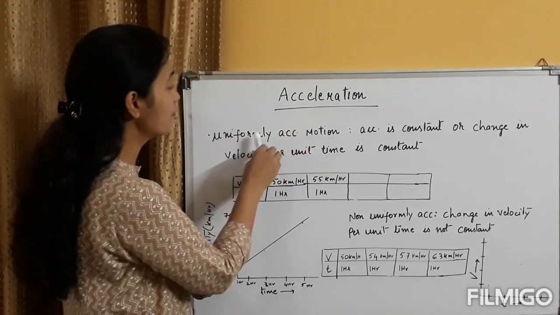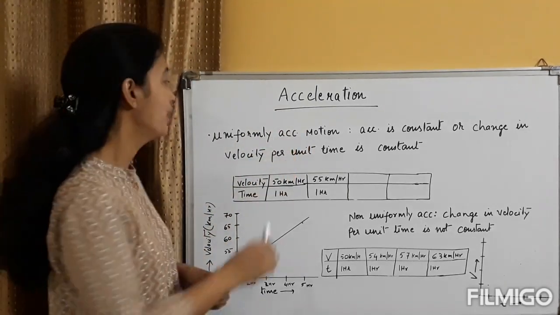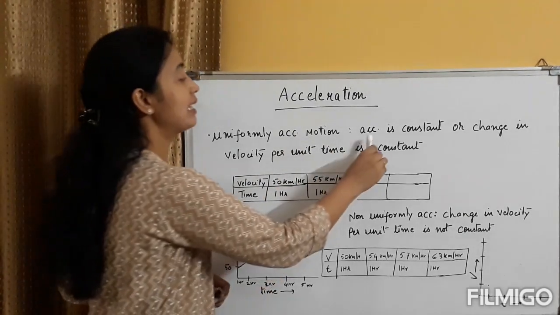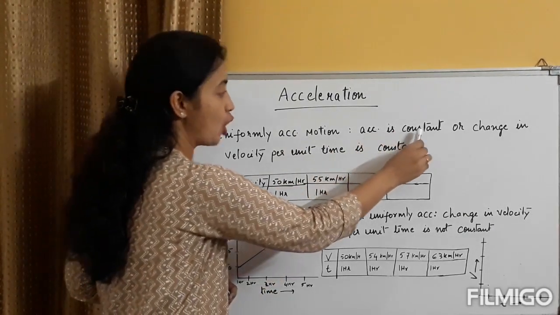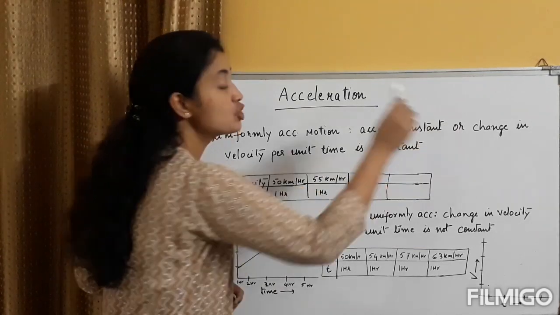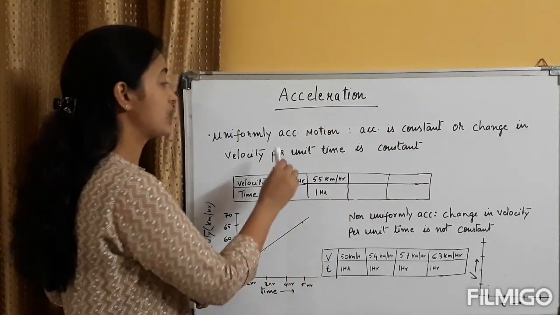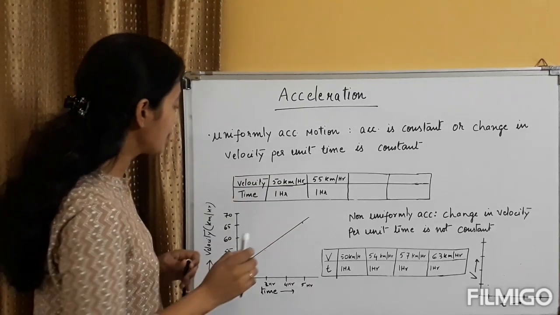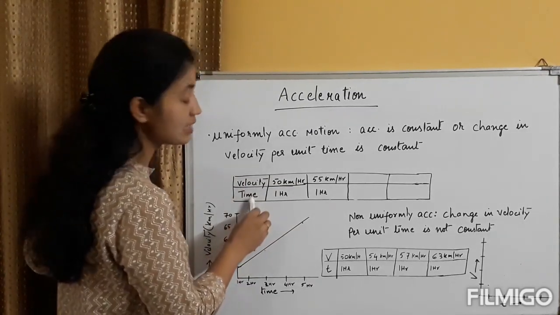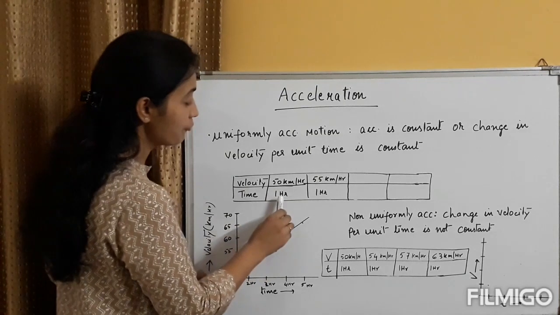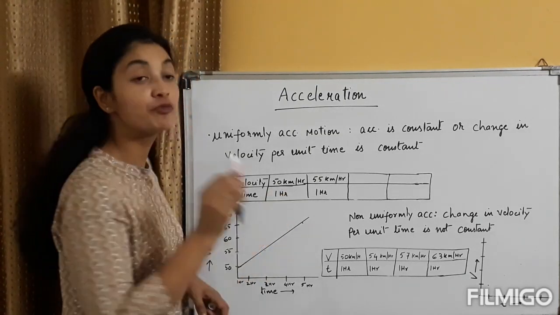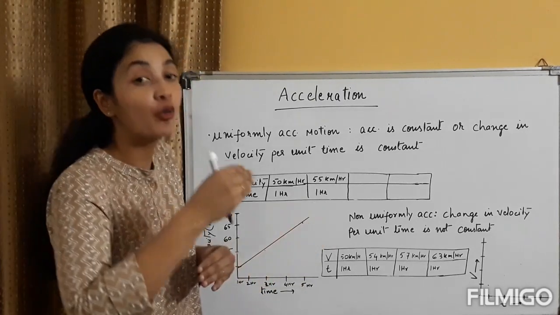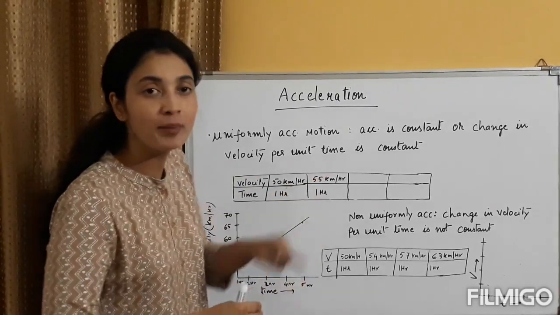Acceleration can be uniform and non-uniform. Uniformly accelerated motion is defined as acceleration that is constant, or when change in velocity per unit time is constant. Like we can see an example. Velocity time tabulation. In the first hour, the velocity was 50 kilometers per hour. Second hour, the velocity increased to 55 kilometers per hour.